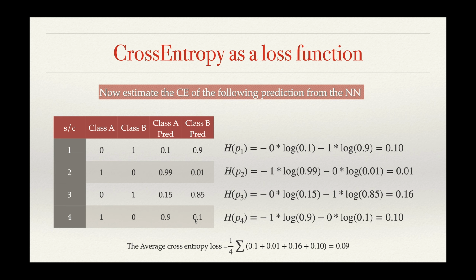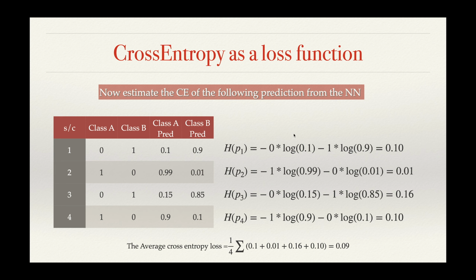So for example, this is what we are doing now. We estimate the cross entropy of the first point here, which is equal to the sum of the probability of the ground truth times the log of the predicted probability. So we have here 0 multiplied by the log of 0.1 minus 1 multiplied by the log of 0.9.